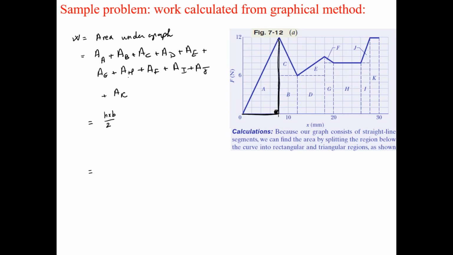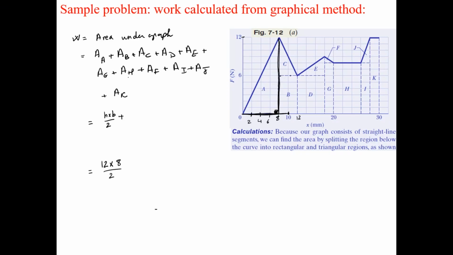It's this side, which is 12 newtons. How much is the base? Well, if this is 10, and I have here 5 blocks, so these are basically 2, 4, 6, 8, 10, 12, and so on and so forth. So the base is 8.